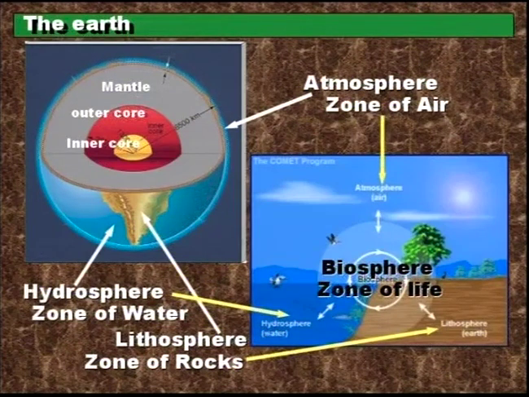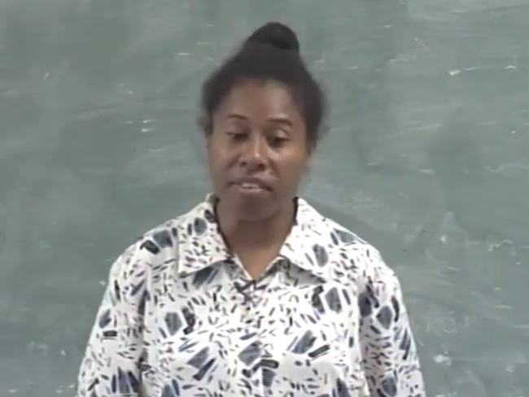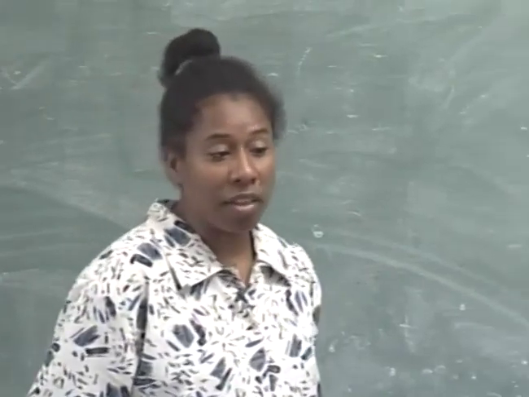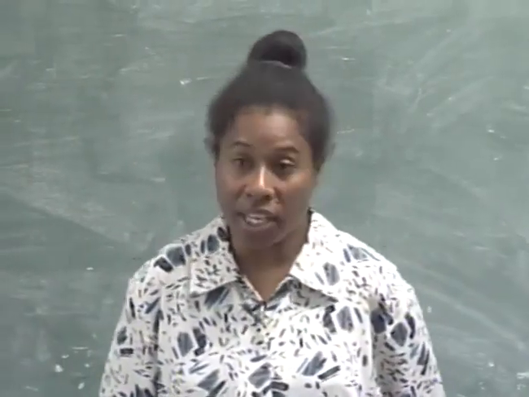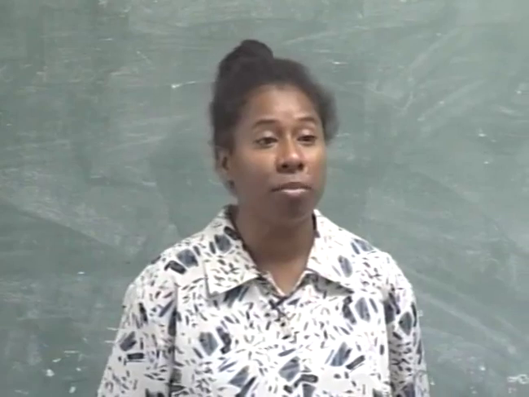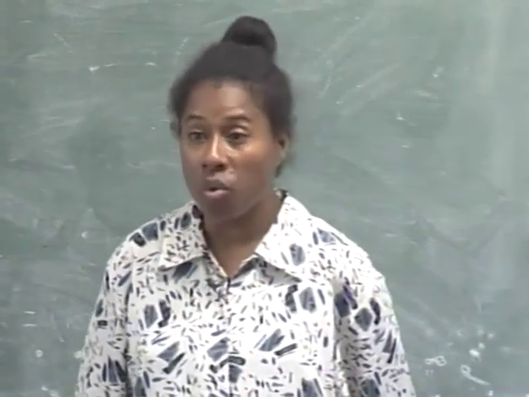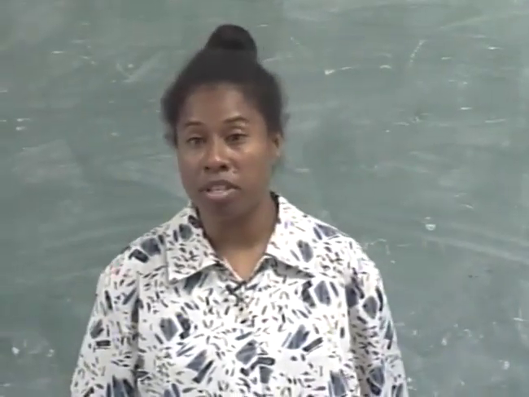So here goes. What we have completed is a table that contains the 4 important spheres of our planet Earth, and the main elements which are found within those different spheres. We'll move on. The next activity that I would like you to work on: if you can recall, from the start of the lesson, I went through some readings, and those readings contain information generally on how the Earth was formed.